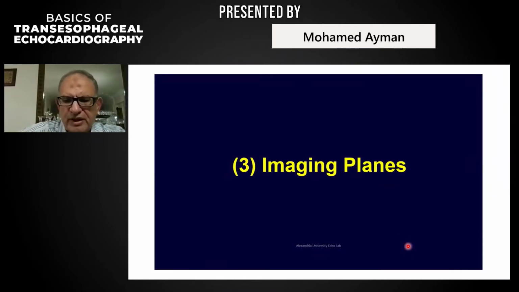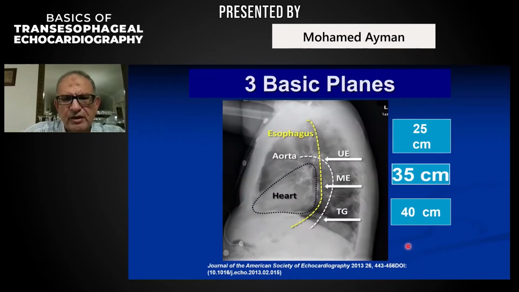Going to the imaging planes. We have three main different locations. If you put the probe at about 25 centimeters from the incisors, then you are positioning the probe at the upper esophageal level.